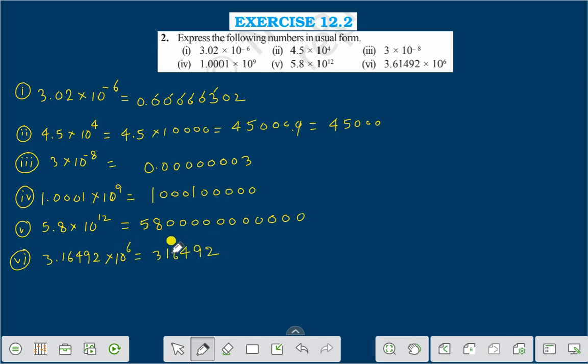The point is here, that is 1, 2, 3, 4, 5, 6. This is not right. Let us write it again. This is actually 3.61492.